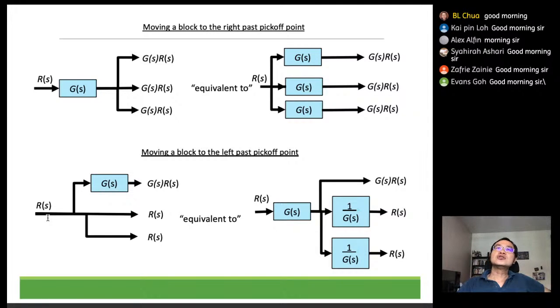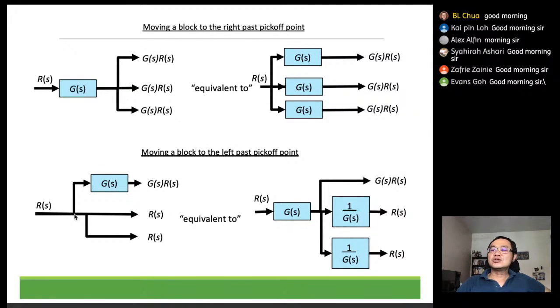You have to be able to recognize that all these lines are actually a signal. Here we have one branch, here we have another branch, and they are branching off from one line.